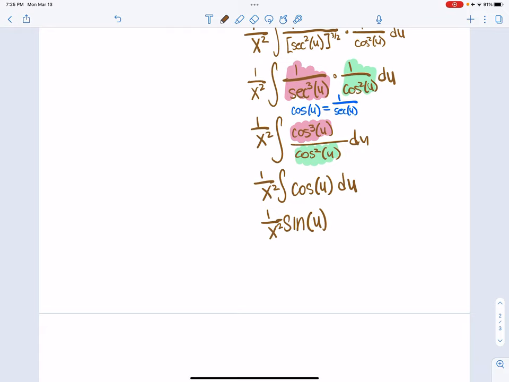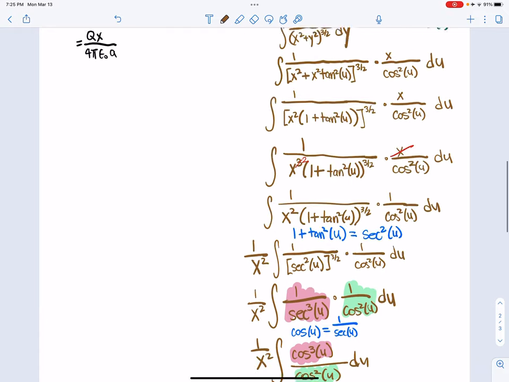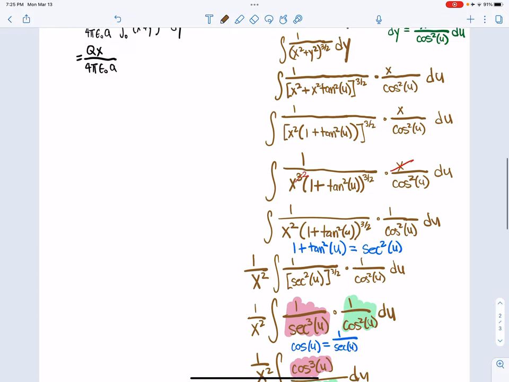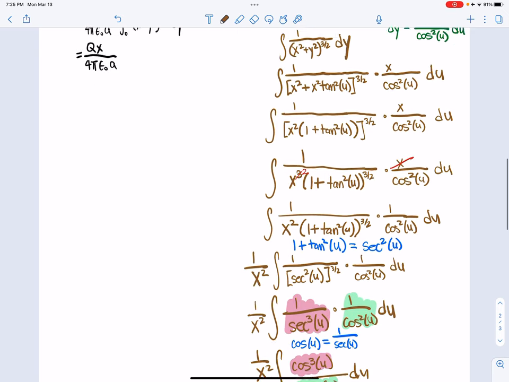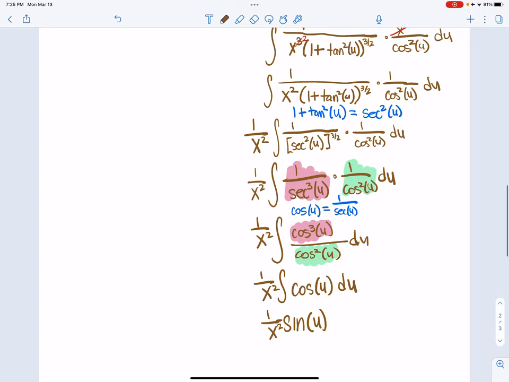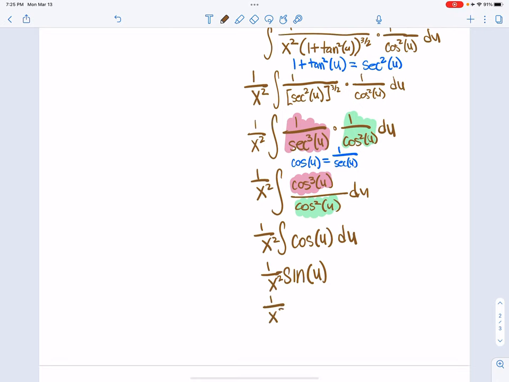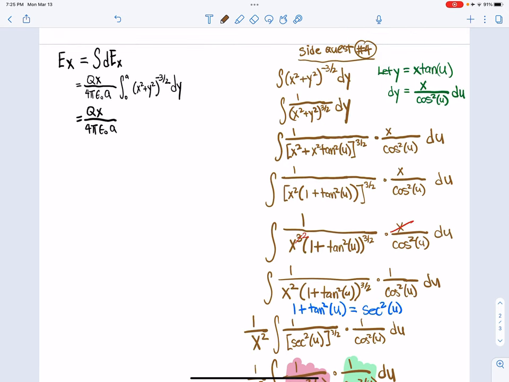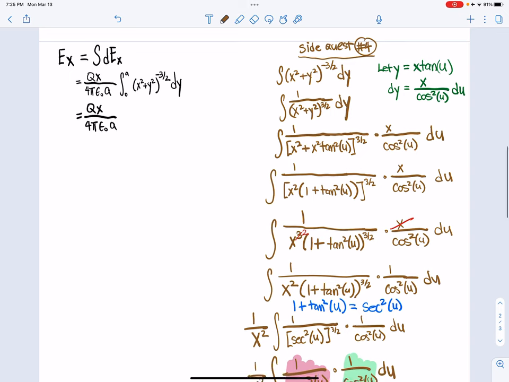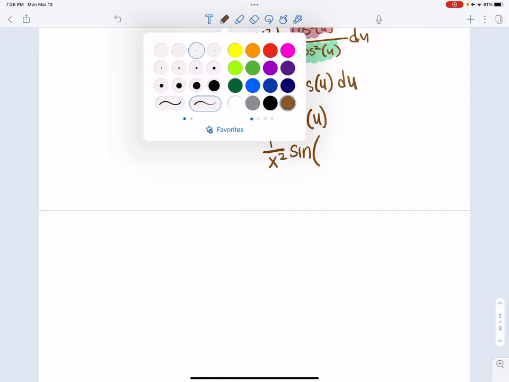All right, and what is the sine of u? That is the same as saying, what was u? Remember, y was equal to x tangent of u.